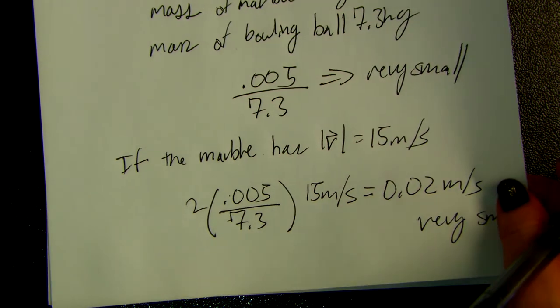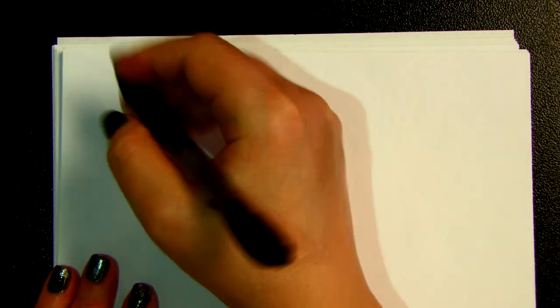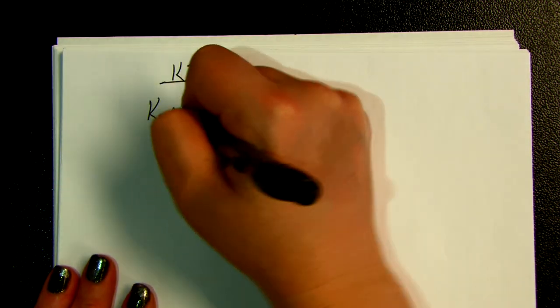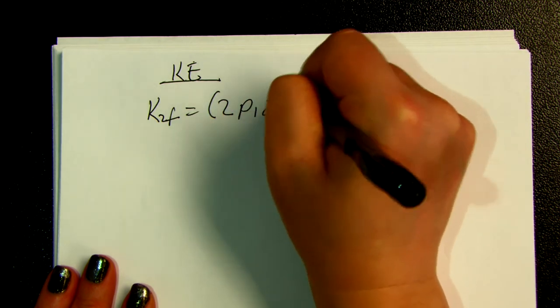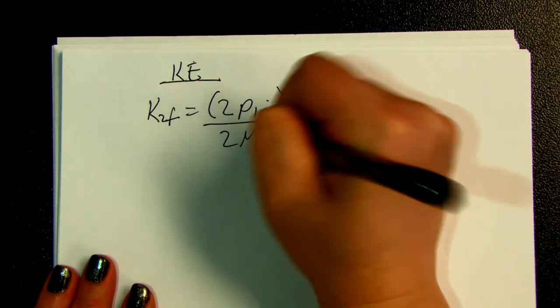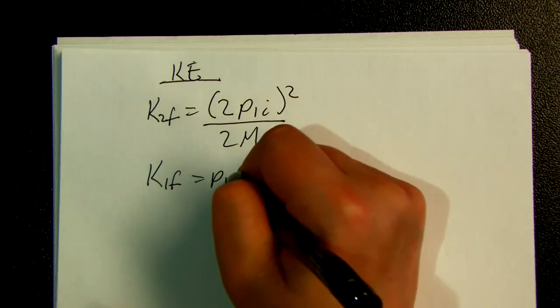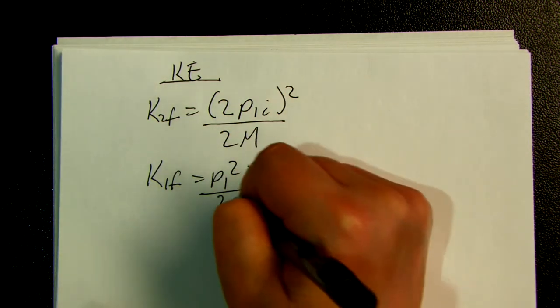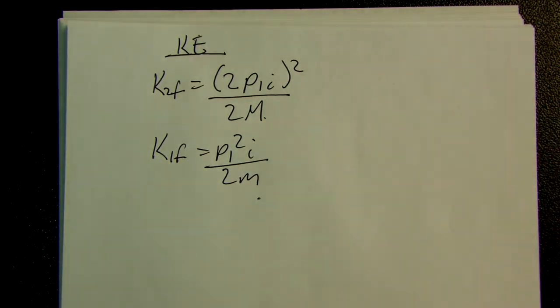Okay, so now let's go after the kinetic energies. So K2 final is equal to 2 times P1 initial squared over 2M. K1 final is equal to P1 initial squared over 2 little m. And once again, we can see how mass is going to scale things.